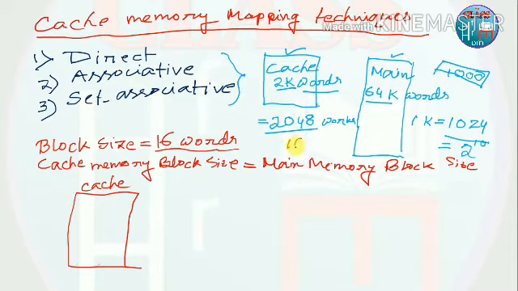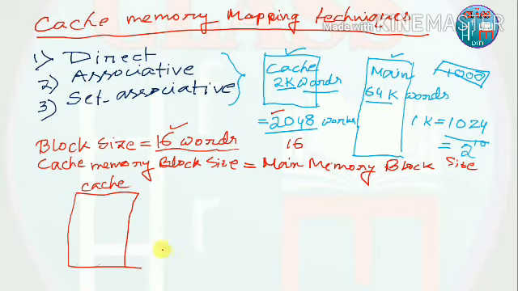2048 divided by 16, because one block consists of 16 words. So the total number of words in cache memory is 2048. So you have to divide 2048 by 16. If you divide it, how many blocks will you get?